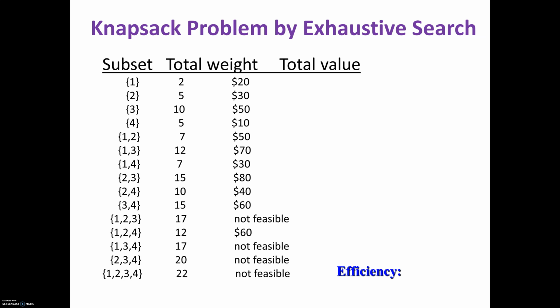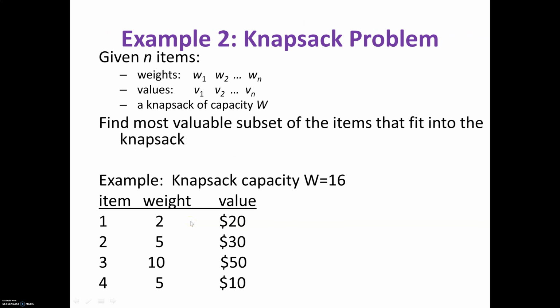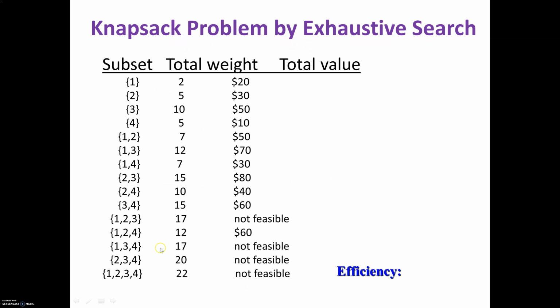Feasible means the total weight of the items should be less than or equal to the capacity of the sack, which is given, capital W. This is an example of a not feasible subset: 1, 2, 3.